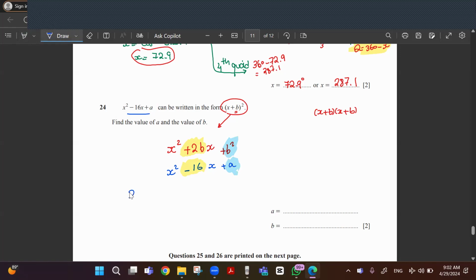So 2b equals negative 16, that means b equals negative 16 divided by 2, negative 8. Then b squared equals a, so negative 8 squared equals a. So a equals what? 64. So a is 64, and b is negative 8.